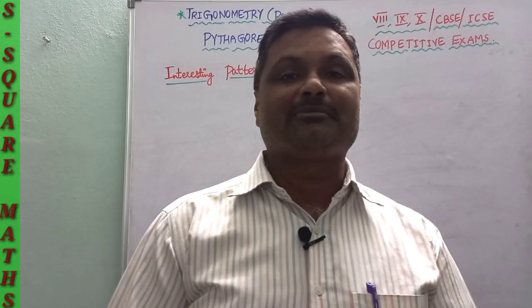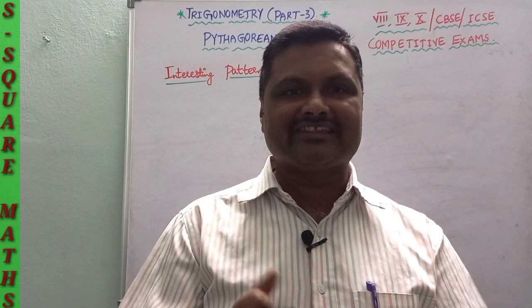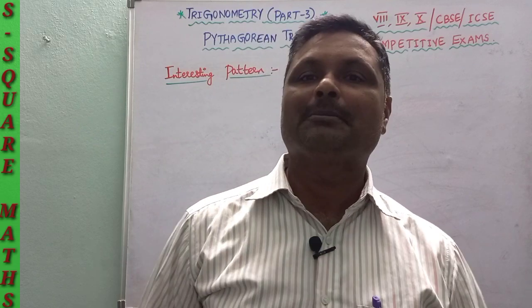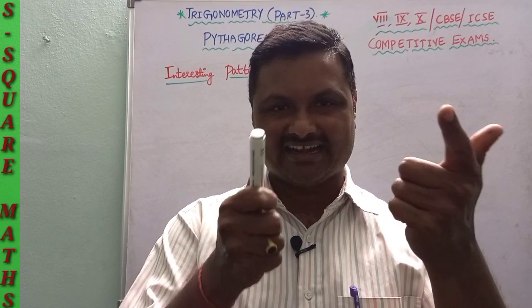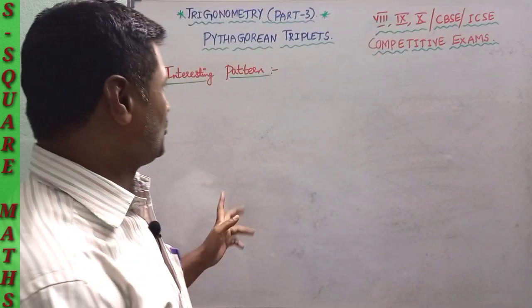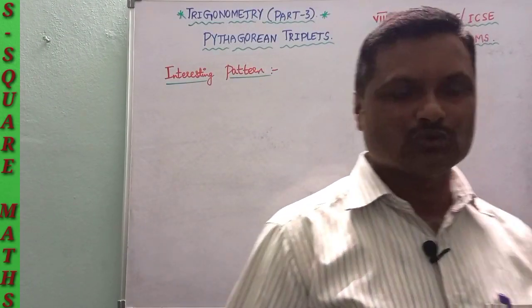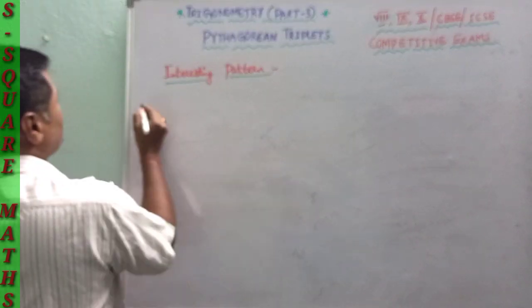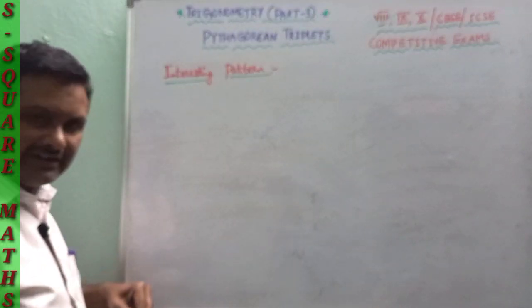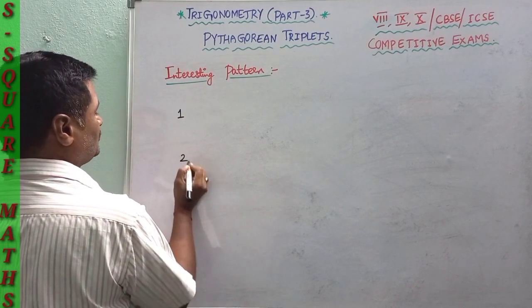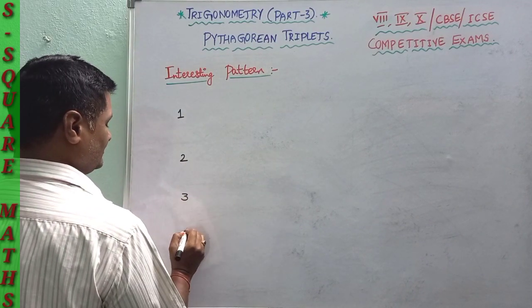Now let us step into the most thrilling and important pattern of our Pythagorean triplet. It's the most interesting and important pattern. So I am writing here in order: 1, 2, 3, 4.